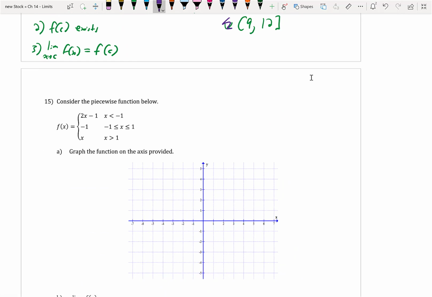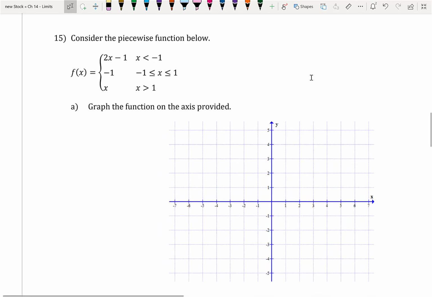Okay, next, flip it over. You guys can graph the piecewise function. Don't wait for me on this. Go. So 2x minus 1 when x is less than negative 1.